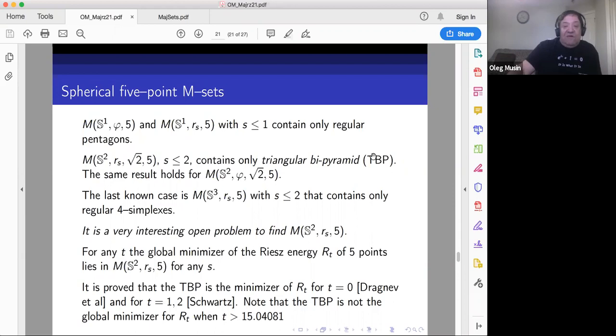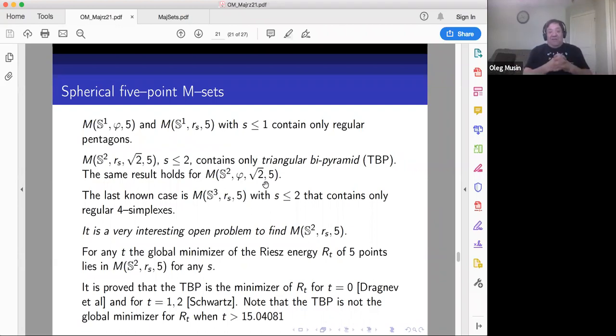We know it is already presented as a regular pentagon, and restricted also. Let me skip it. For a 5-point set in dimension 4, of course, it will be a regular simplex. But the most interesting case, of course, is open.